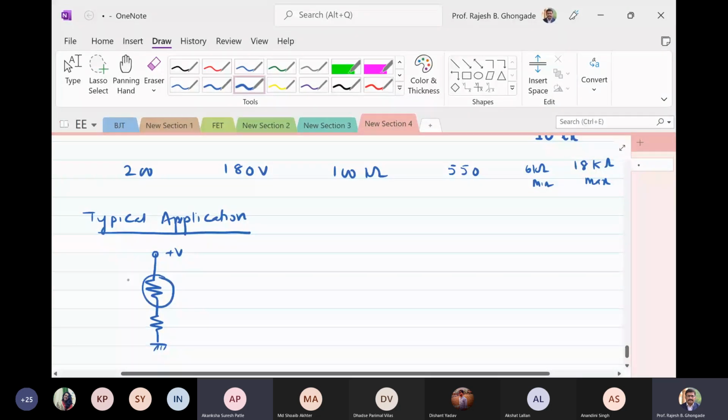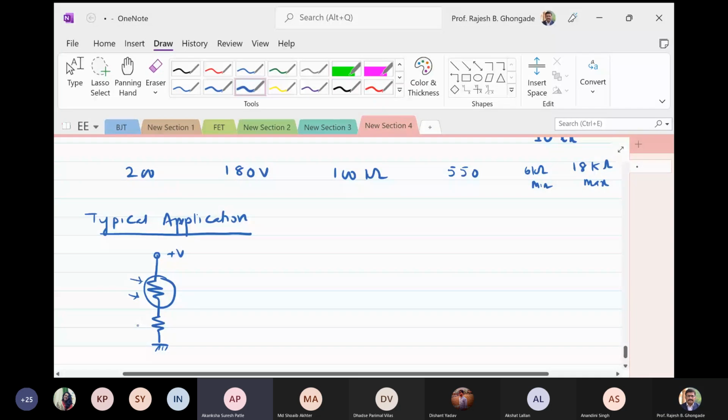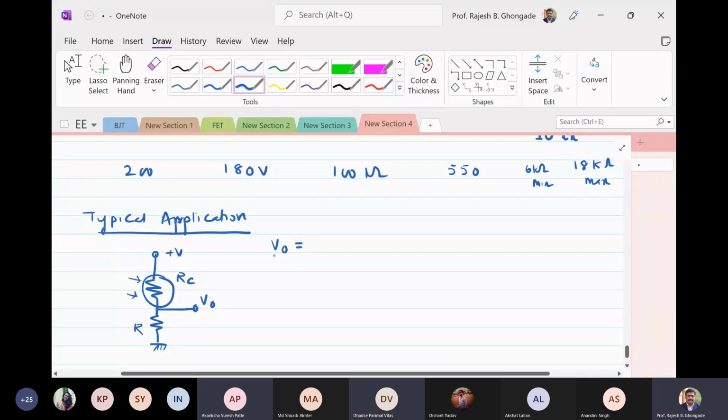We have the LDR here, and we have this value of R. Do you know the voltage divider equation?